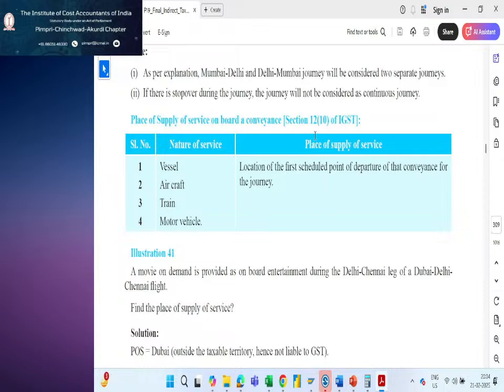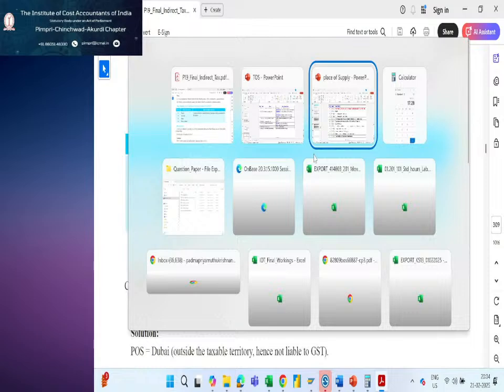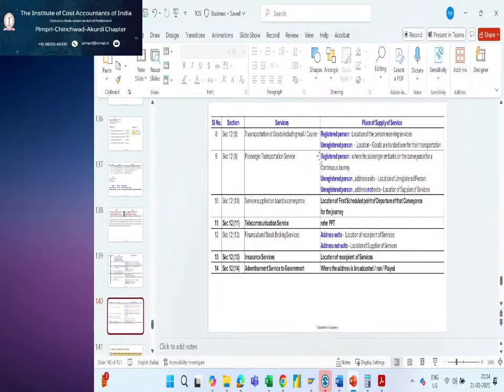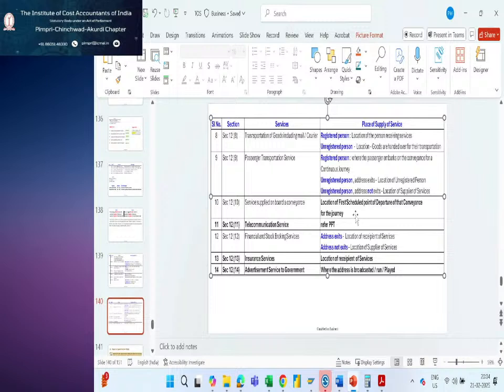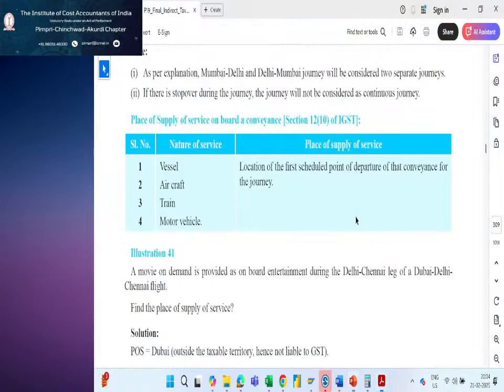So section 10 is supply of service on board a conveyance. Location of first scheduled point of departure of that conveyance for the journey. So location of the first scheduled point.